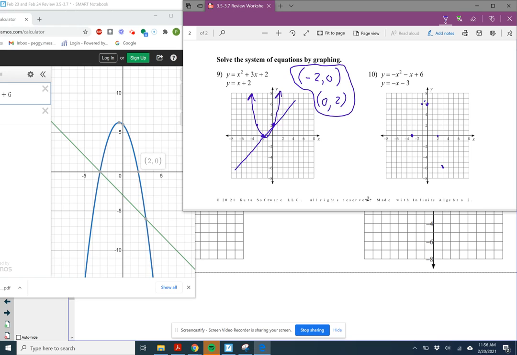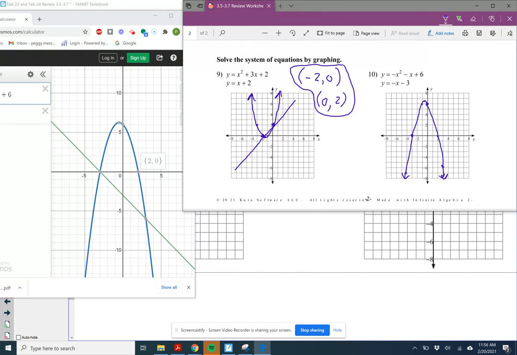And we're going to draw our quadratic. Opening downward because a is negative 1, right? There's our quadratic. Opening downward. Our line has a slope of negative 1. Notice in problem number 9, the line went up from left to right because the slope was positive 1.